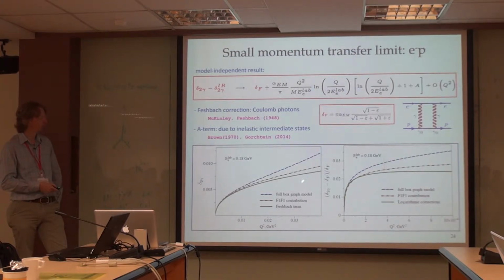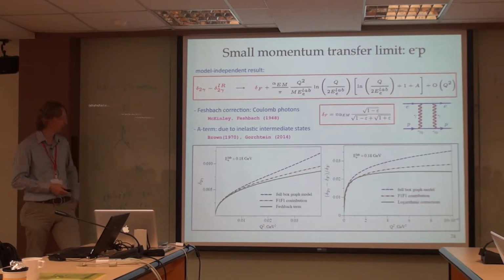And so the effect which is coming from these log terms, so the leading analytic corrections and non-analytic corrections, are given by this red curve, and then the blue curve is taking this full box into account with intermediate state.